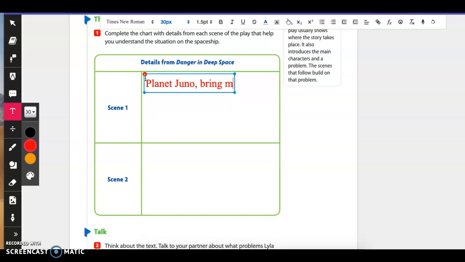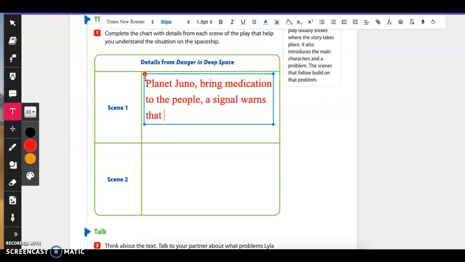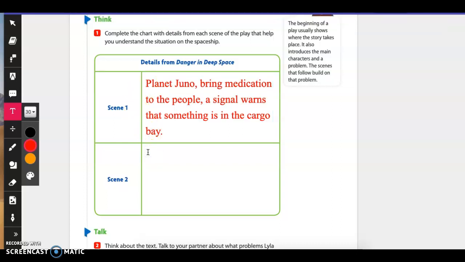They bring medication to the people. A signal warns that something is in the cargo bay. Spelled bay incorrectly. Okay. So if you do not already have this in your Scene 1 portion, go ahead and pause the video and do that now.